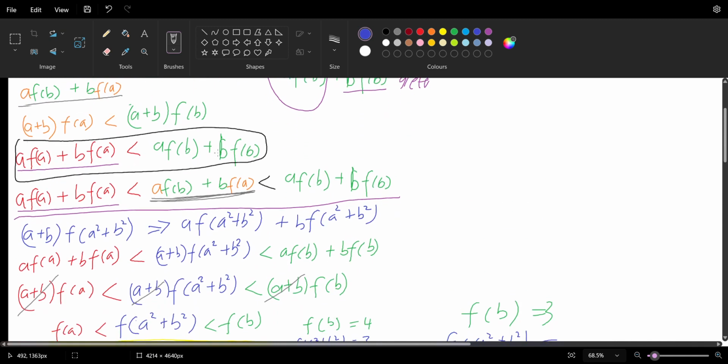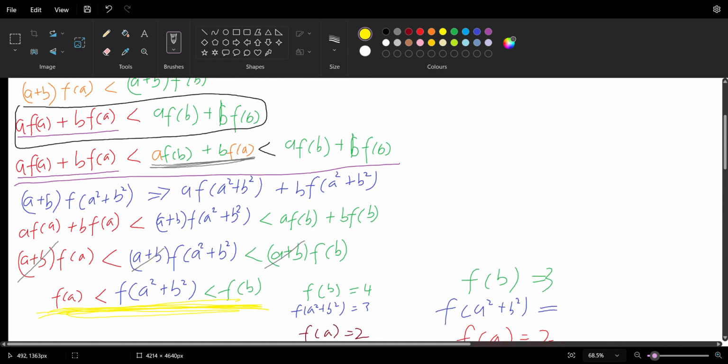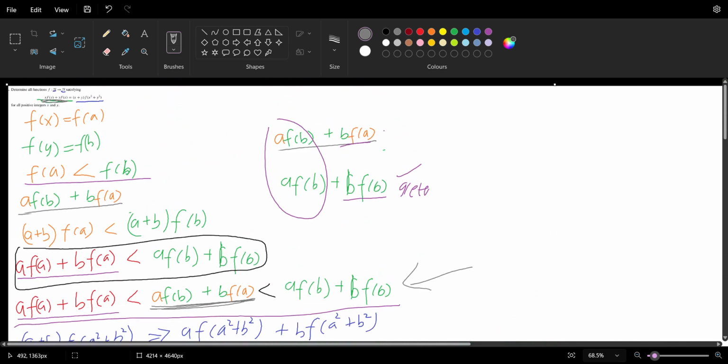Nothing can exist for f of a squared plus b squared in a situation like this. That means this inequality on yellow here cannot hold true. And if this one is holding true and the one on yellow cannot hold true, and it is an equation, it means that equation cannot hold true for a non-constant value. That means our only function is f of x equals a constant.